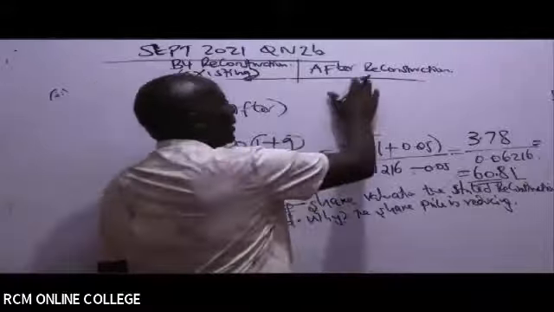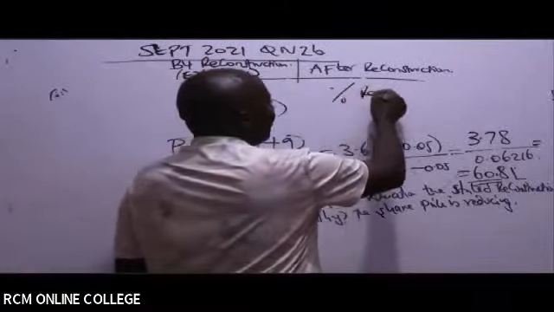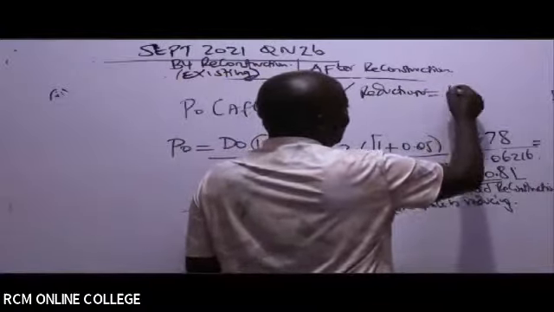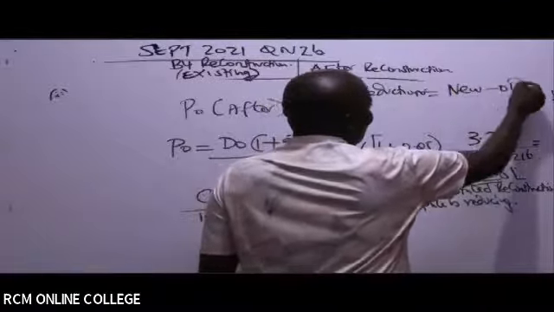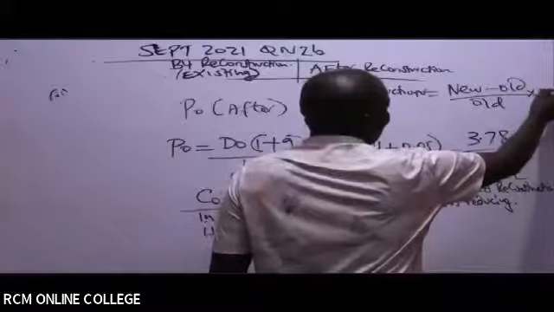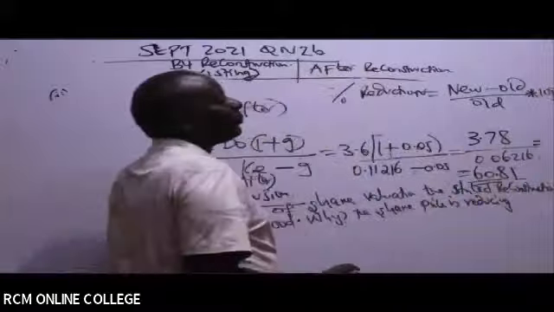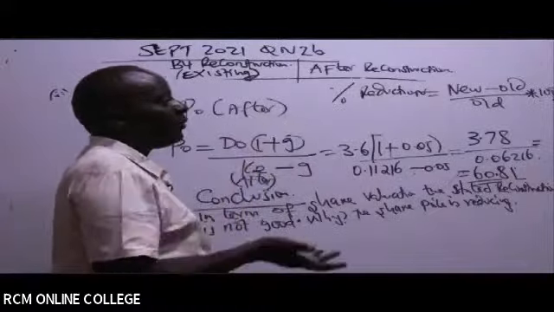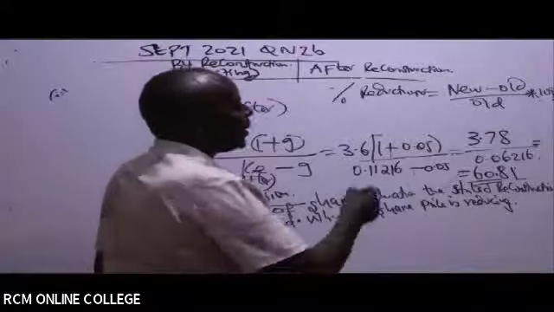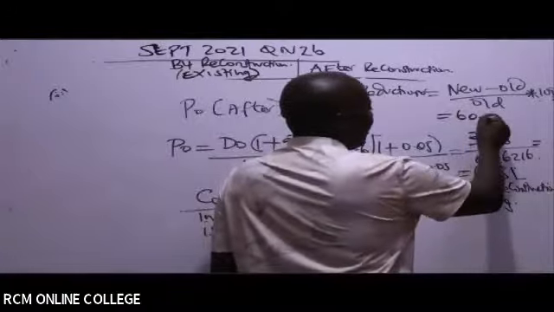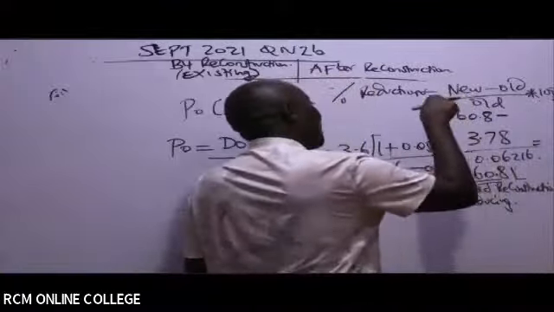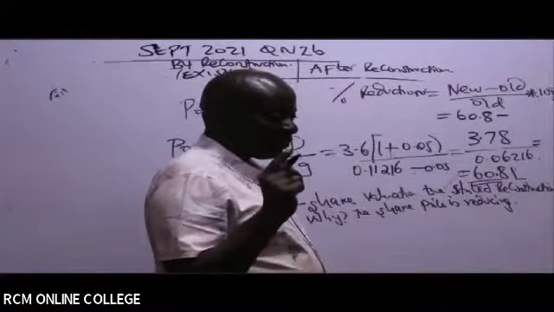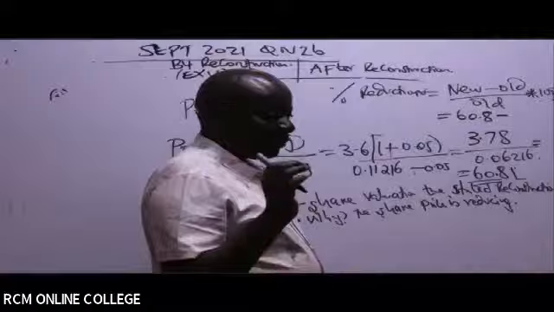So come here and give us the percentage reduction. Remember, this will be new minus old, all over old, times 100. So the new price is 60.8 minus what was the old price, the price before the reconstruction?